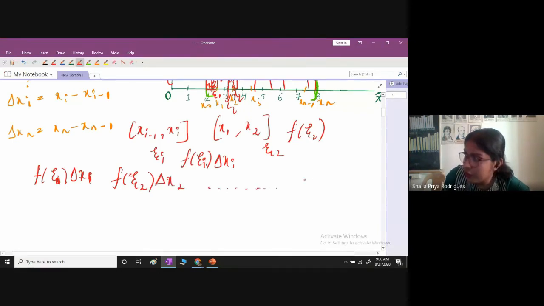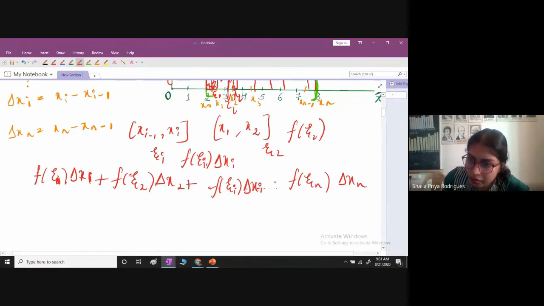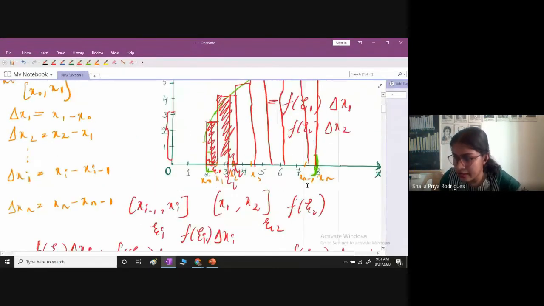If you went on like this, the area of the last rectangle was f of xi n delta xn. Somewhere in between, you'll have f of xi I delta xi, right? So if you add up all these areas, that's going to give the approximate area under that curve above the x-axis, under the curve of that function above the x-axis, okay?